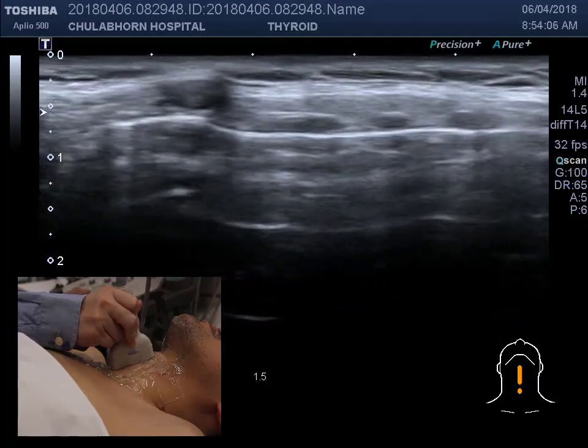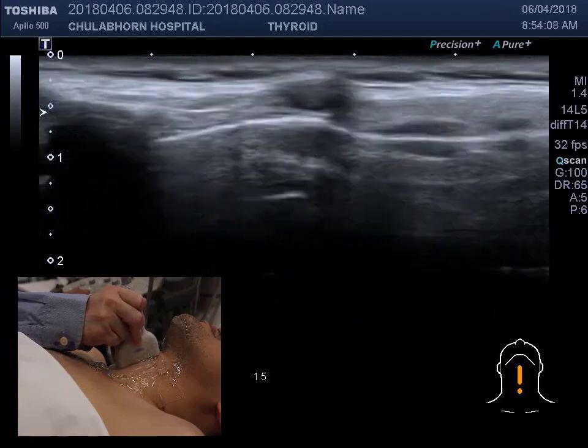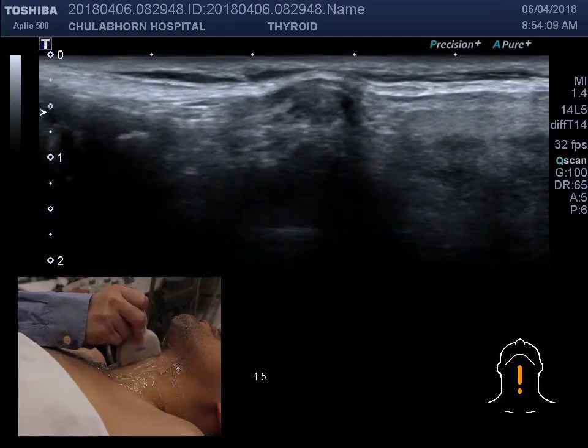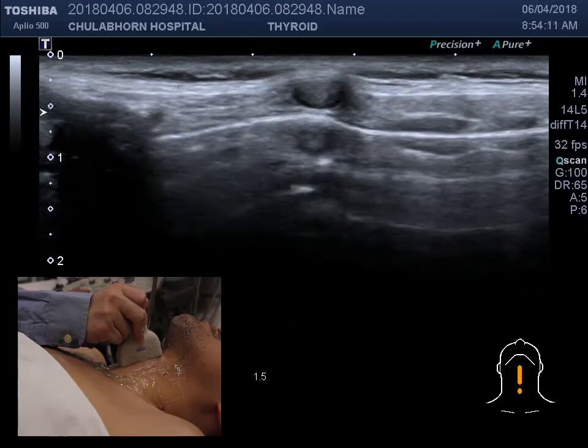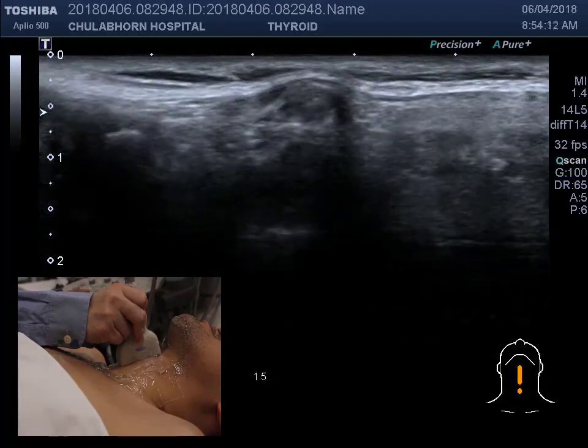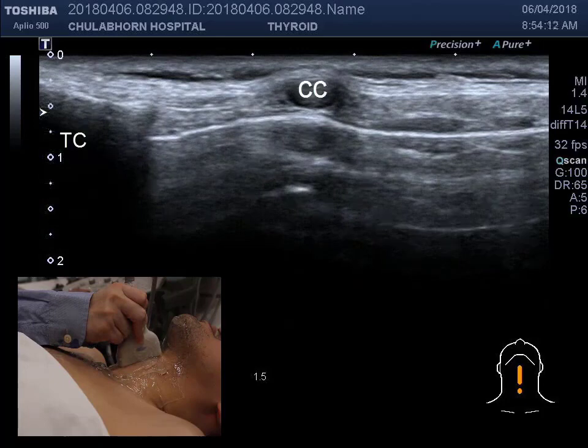And then if we go further up, you can see the uppermost is the thyroid cartilage, with the membrane connecting to the cricoid cartilage. The connecting part is the cricothyroid membrane. It is the landmark for cricothyroidotomy.